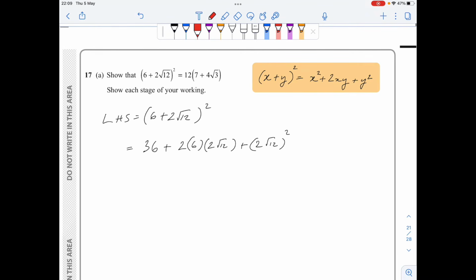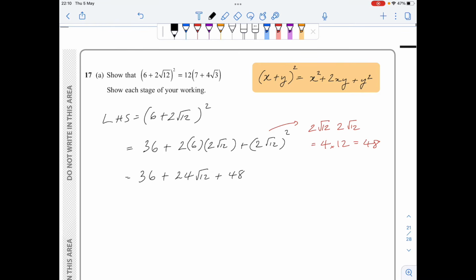Now note that 2 root 12 squared is like saying 2 root 12 times 2 root 12. This is equal to 4 times 12, which is 48. So I've got 36 plus 24 root 12 plus 48.